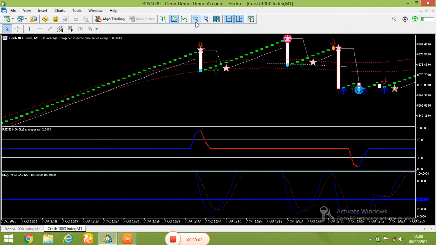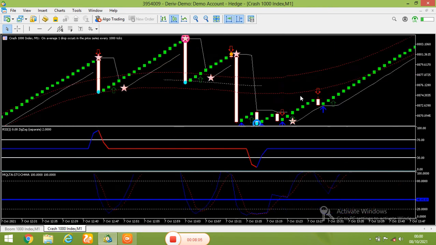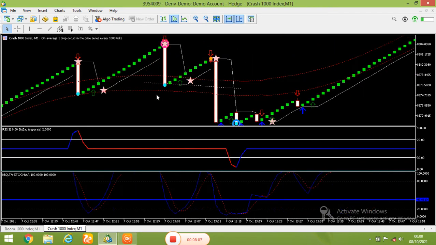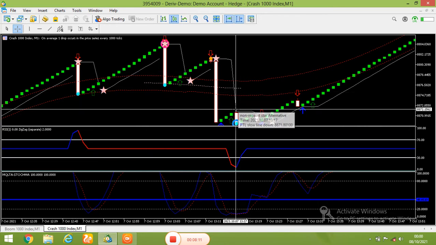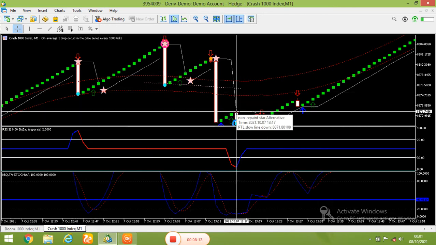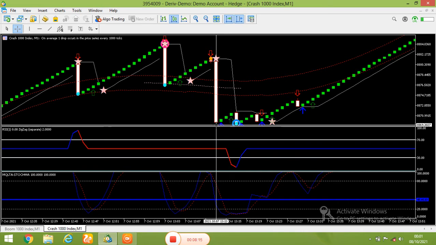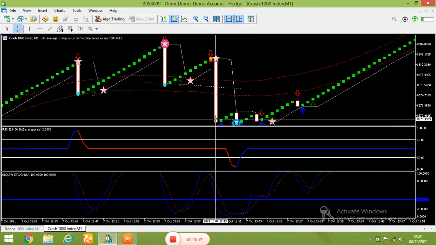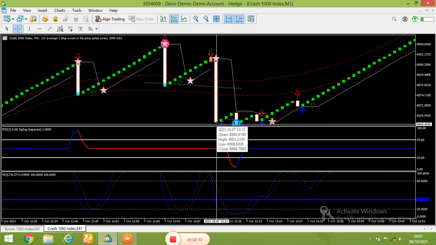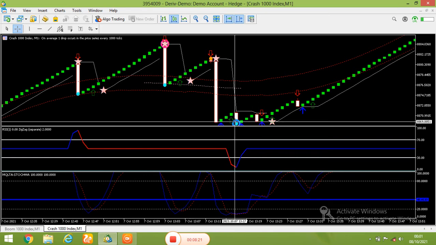Okay, guys, at this point, notice we had a little pullback here. This is why I told you to always take note of the arrow before entering. There was a pullback, and that was why this ball disappeared.